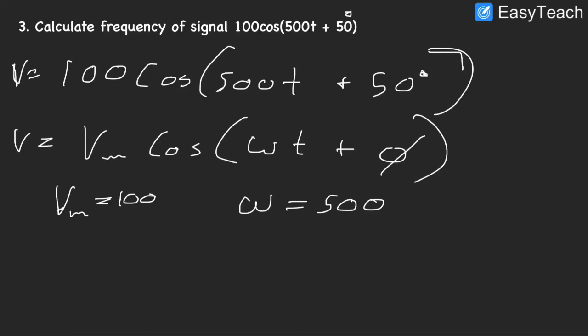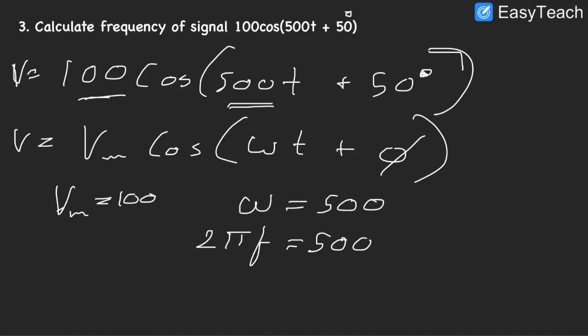So omega is nothing but 2 pi times frequency. It's measuring how fast your signal is going. So 100 is an amplitude indicator, and the omega term here is a speed or frequency indicator.